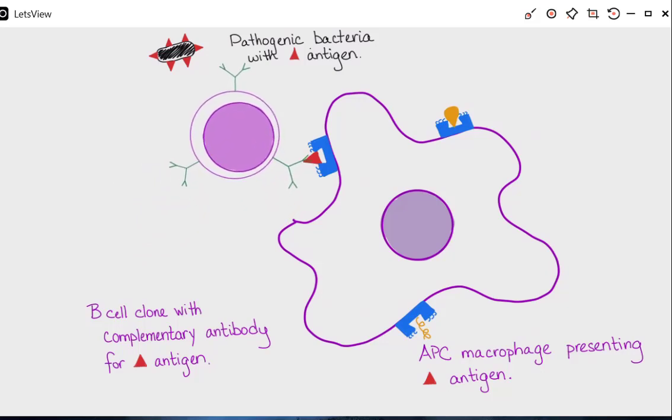I should be able to match that B cell antibody to that antigen and go, yes, we're the winner. I mean, that seems reasonable. I have an antigen presenting macrophage, and right here I have that triangle antigen. I'm showing it off.